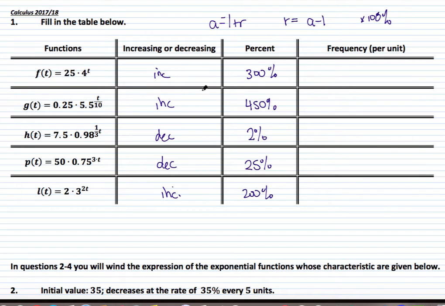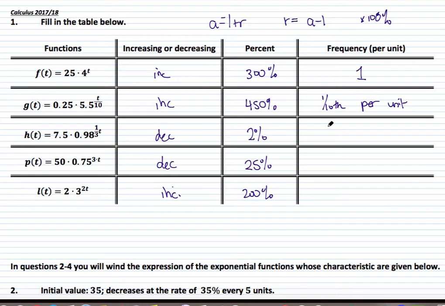Now the frequency is pretty easy for the first one, right? Every time we plug in one step for t, it goes by 300%. For g of t, however, in order to step by 450%, we would actually need to plug in a t of 10. So that would mean that we have 1/10 of a step per unit in order to get a 450% change.